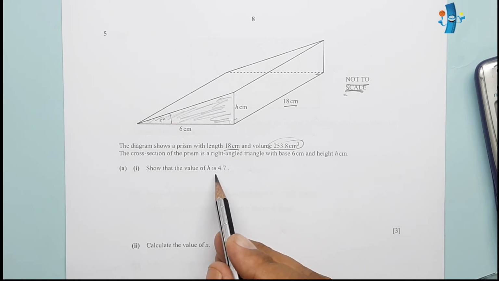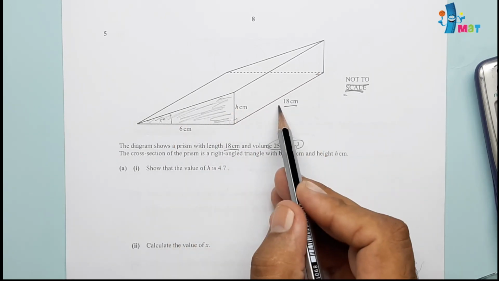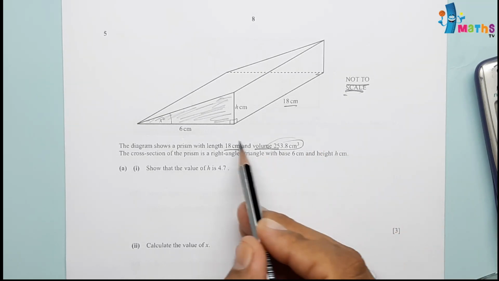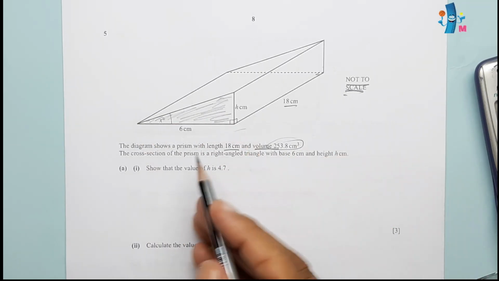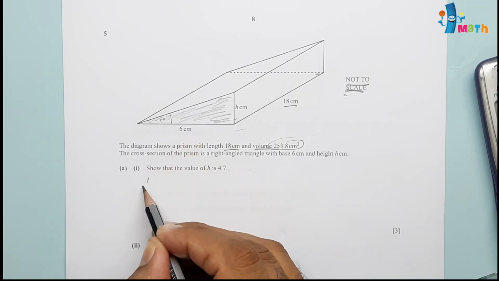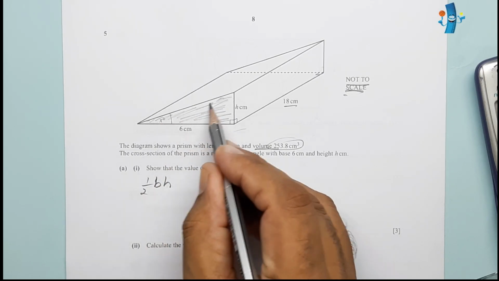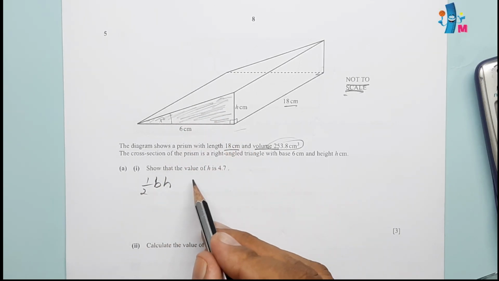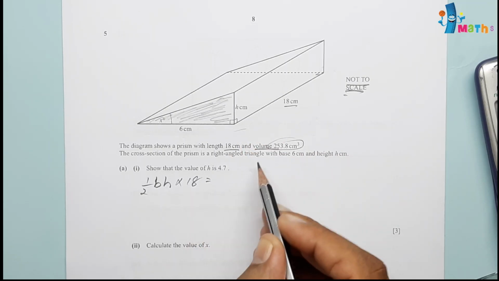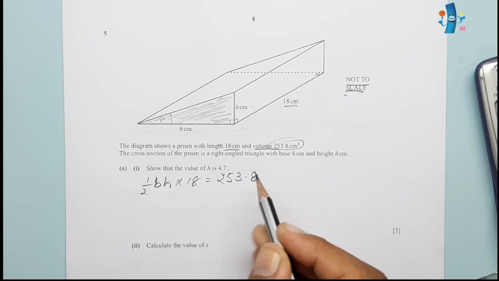So basically, the volume of the prism is face area multiplied by length. So the face area, this is the triangle, so 1 by 2 into base into height will be the area of this facing triangle, multiplied by 18. This is equal to what is provided, 253.8.